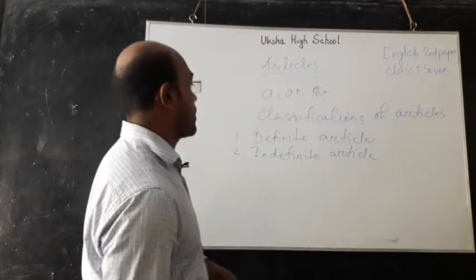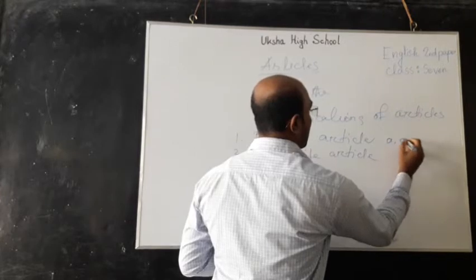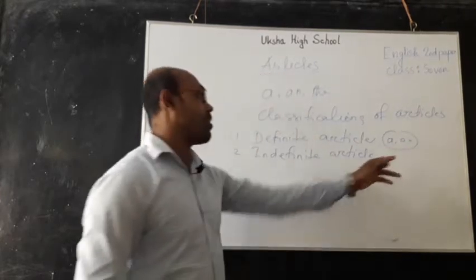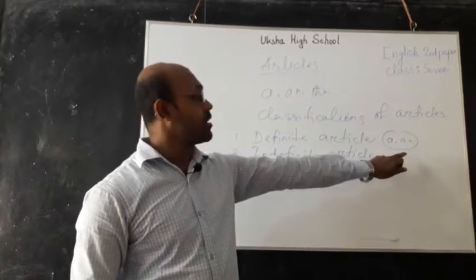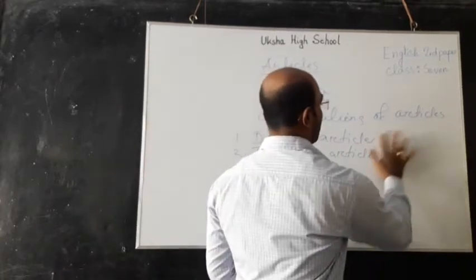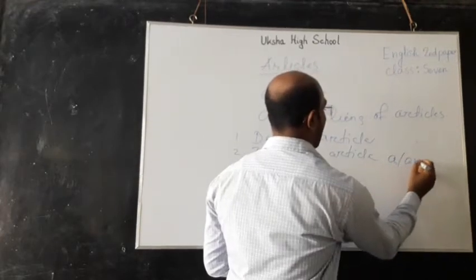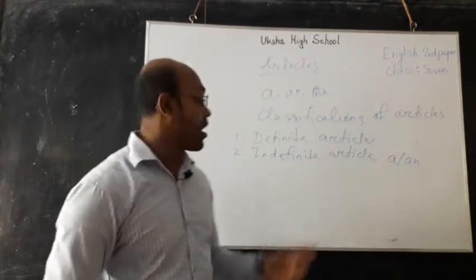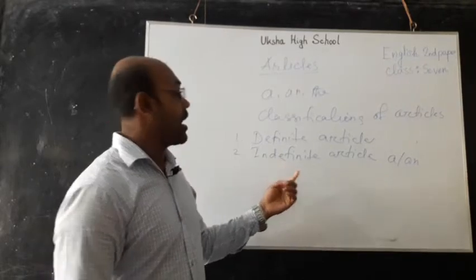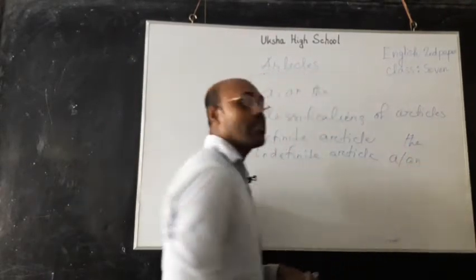The words a and an are called indefinite articles, and only the is called the definite article.